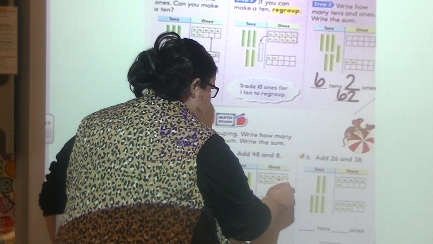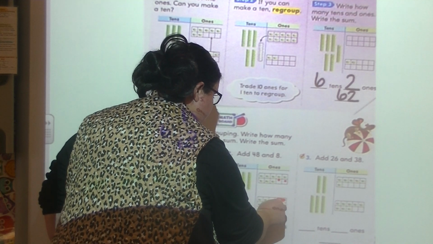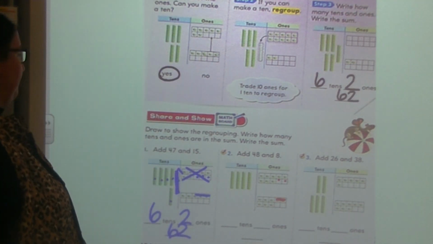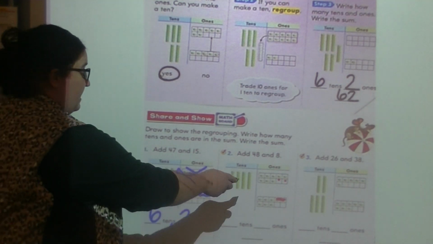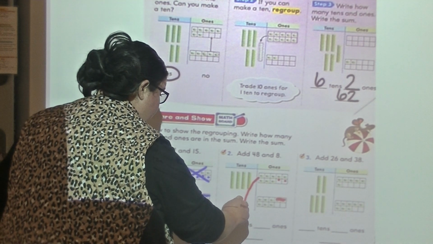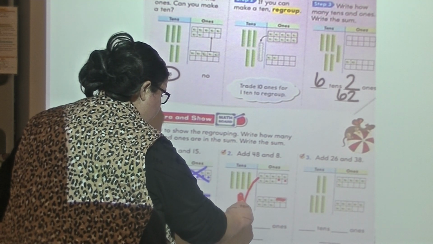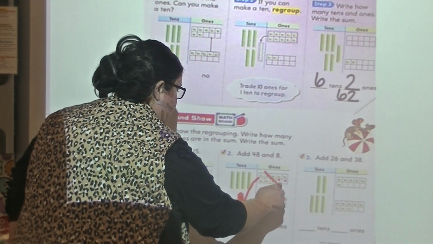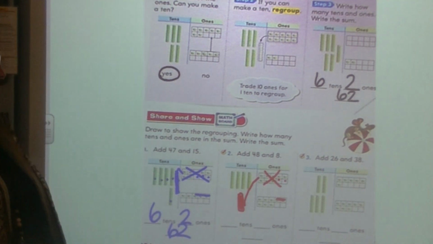So fill in those last 2 blocks and mark 2 out. All right, this whole set of ones is going over as a group of 10s. I'm going to put them down here so we don't get confused. Here's my big group of 10. And I'm going to X this out so you know we can't use it anymore. It's a group of 10. Over here.